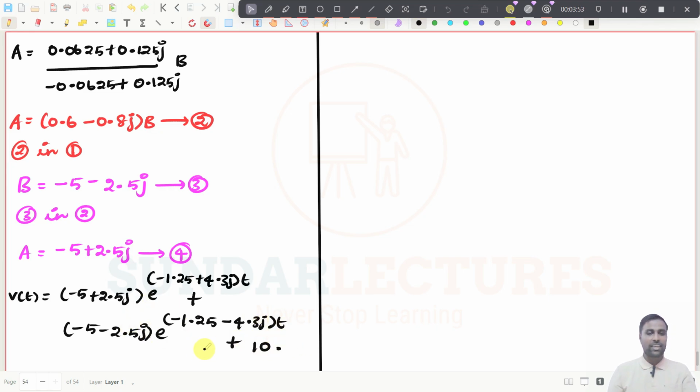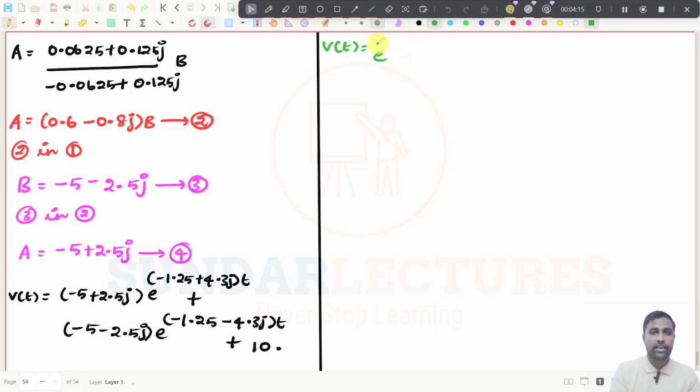Now this is the value, and you try to simplify this and get an expression like this. I am not going to solve everything; you try to do it yourself.